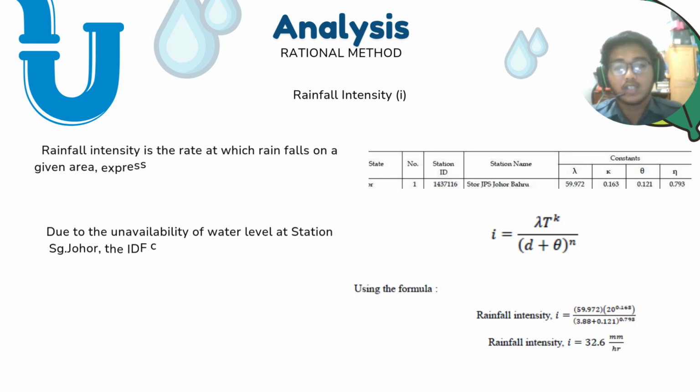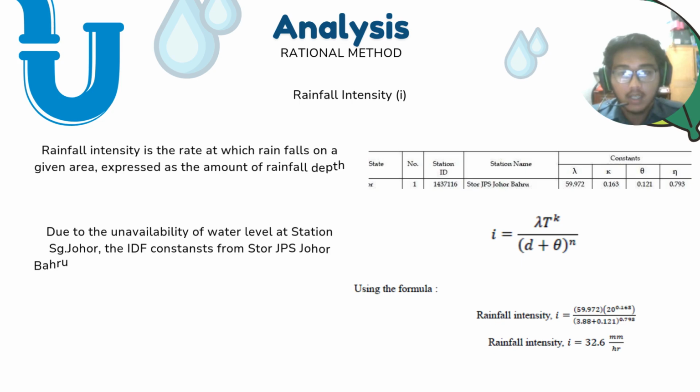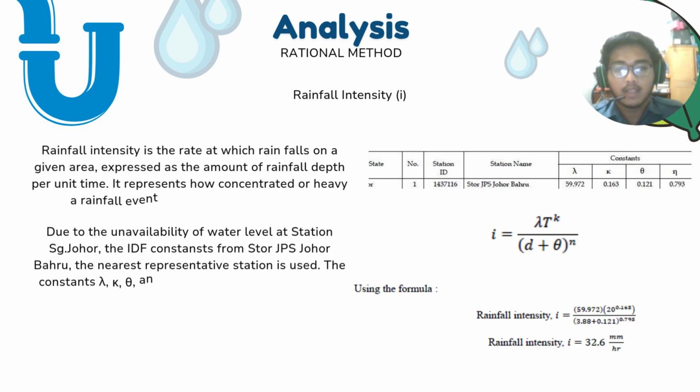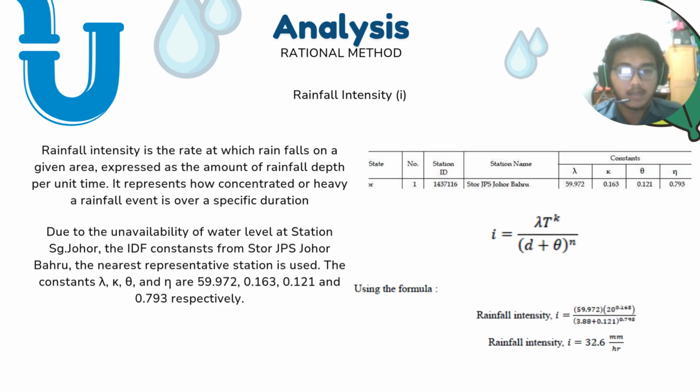The next one is rainfall intensity. Intensity is the rate at which rain falls on a given area, expressed as the amount of rainfall depth per unit time. It represents how concentrated or heavy a rainfall event is over a specific duration. Due to the unavailability of water level at station Sungai Johor, the IDF constant from store JPS Johor Bahru is used, because the IDF constant of station Sungai Johor is not in the MASMA second edition.